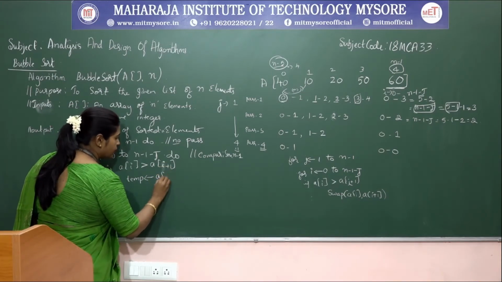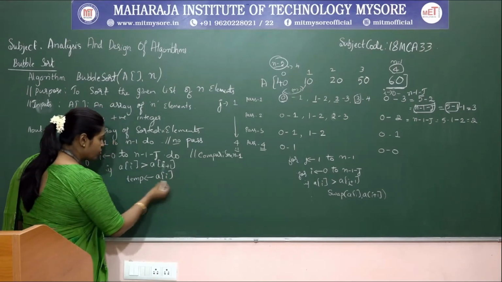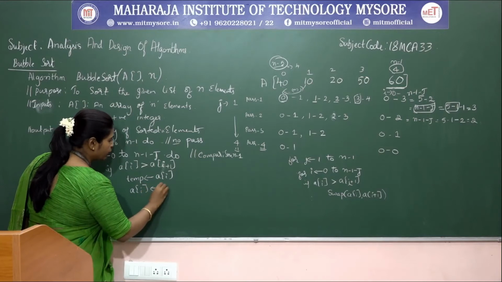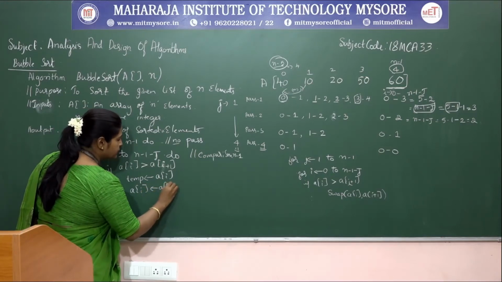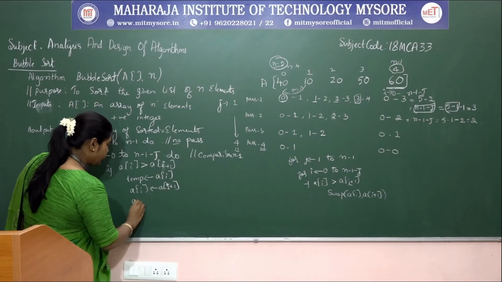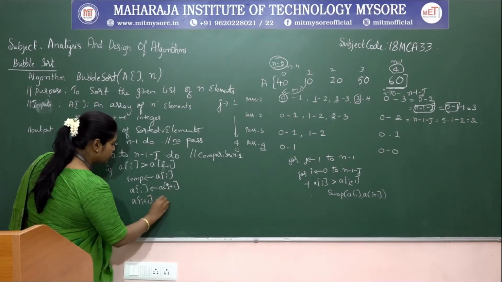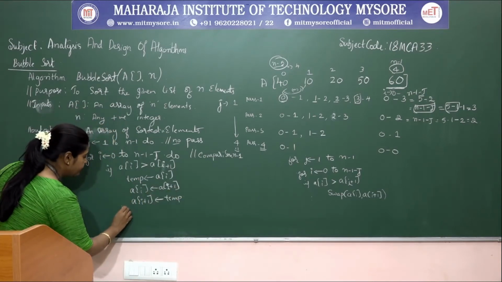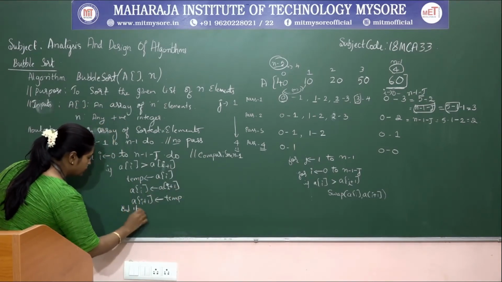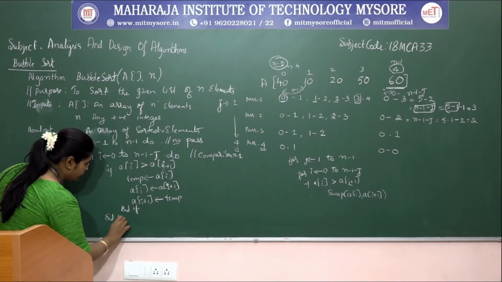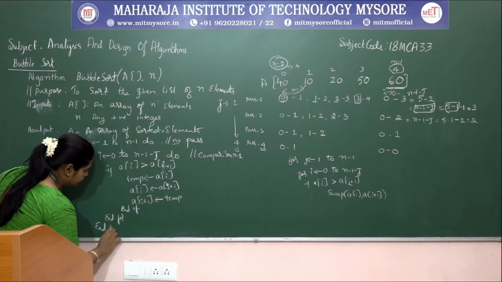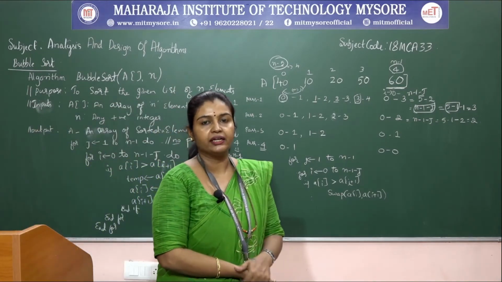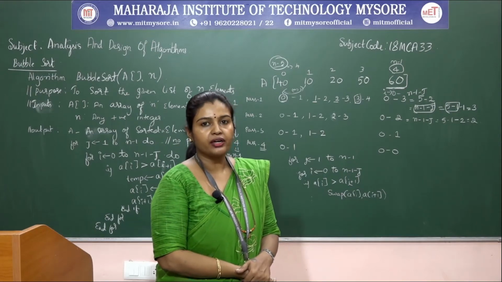The pseudocode for this swap is: temporary gets a of i, a of i gets a of i plus 1, and into a of i plus 1 position I am going to add the temporary value. So this is end if, end for and end for. So once you complete this, definitely you will get the elements in a sorted fashion.